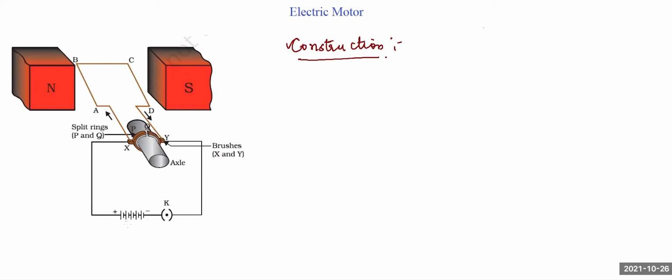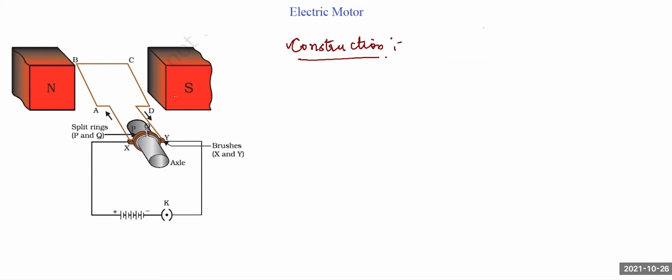Once we supply current through the external circuit, the current flows through A to B to C and to D and then comes back.